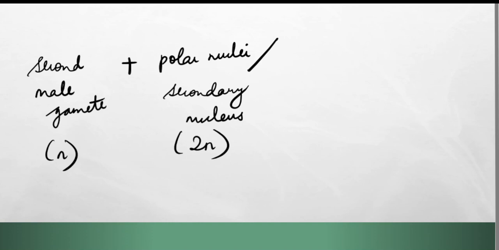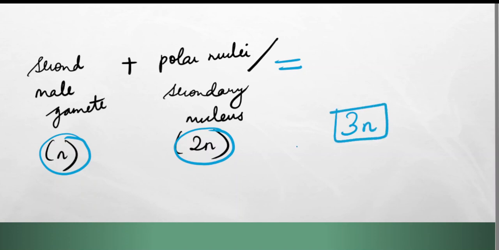Here there is a fusion of haploid and diploid, which will give you a triploid structure. What will you get? Triploid, 1 plus 2 is 3. So here you will get a PEN. What is PEN? PEN means primary endosperm nucleus.